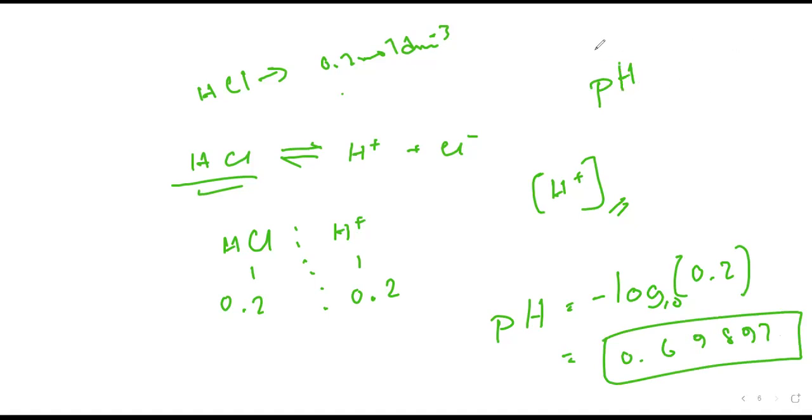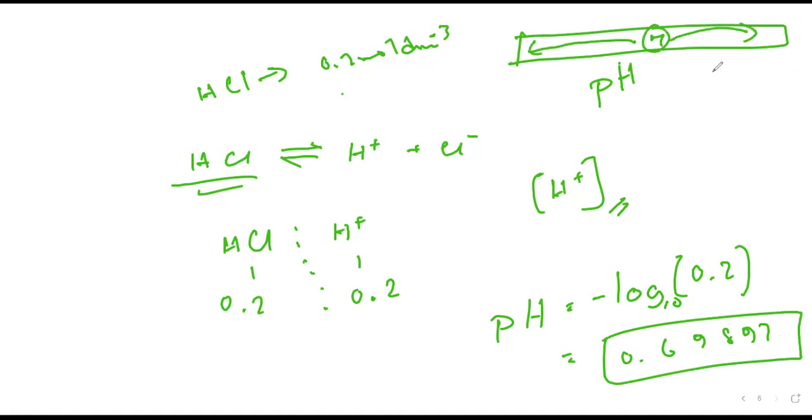And we know in the pH chart, pH 7 is neutral. If you move to the left, that's acidic; to the right, that's basic. Since it is towards the left, somewhere near 1, it's very acidic, which means our result is correct.